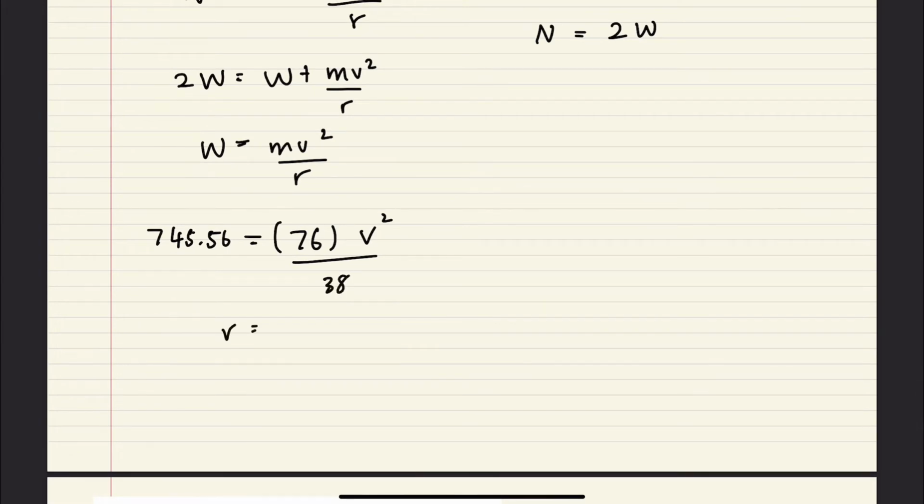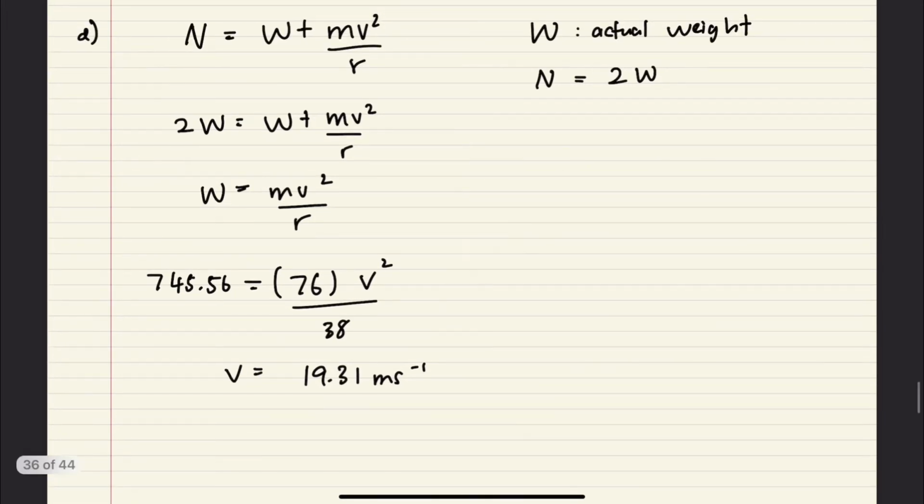So V equals the square root of 745.56 times 38 divided by 76, which is 19.31. So this is the velocity needed so that you have double the weight.